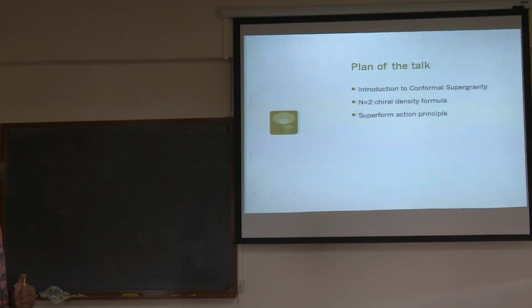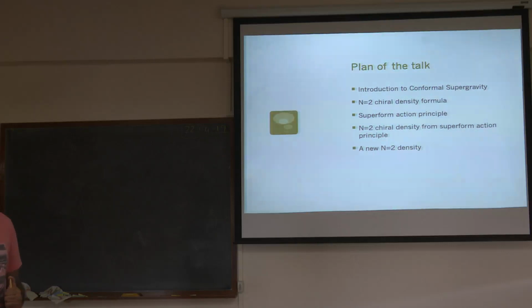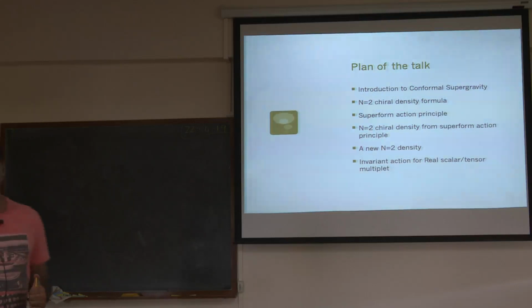Then I will go to a more generic action principle, which I call the super form action principle, from which one can derive this N equal to 2 chiral density formula and can obtain more generic actions that we do not get from the N equal to 2 chiral density formula. I will also show how to obtain a new density formula in N equal to 2 conformal supergravity, and we will use this new density formula to construct an invariant action for what I call a real scalar multiplet.